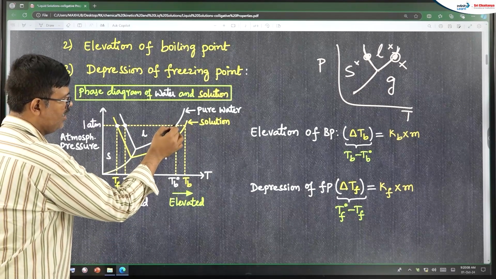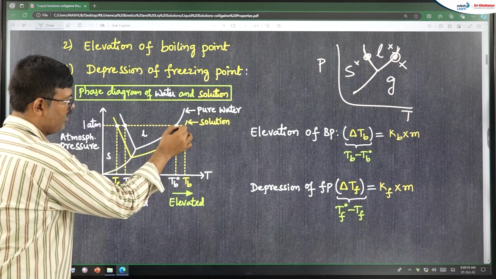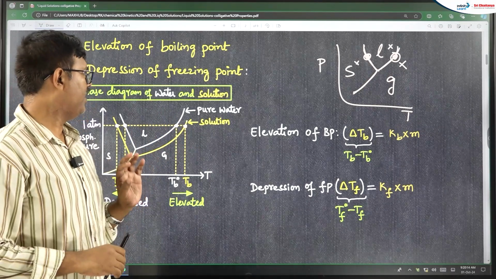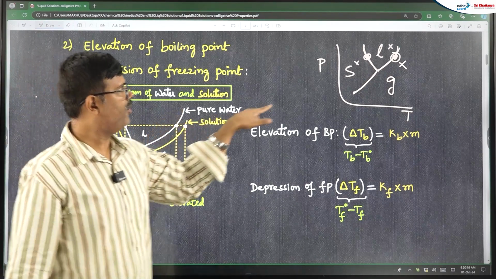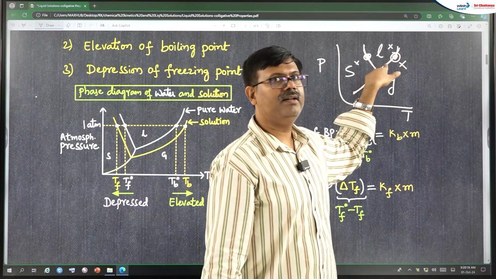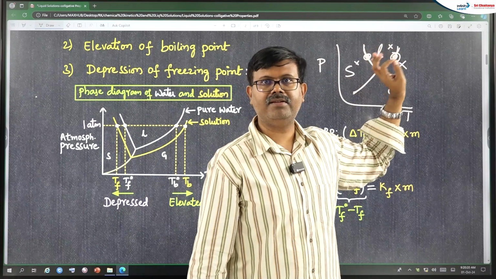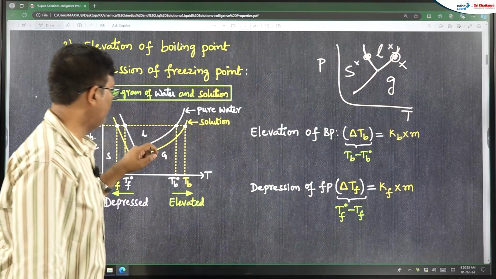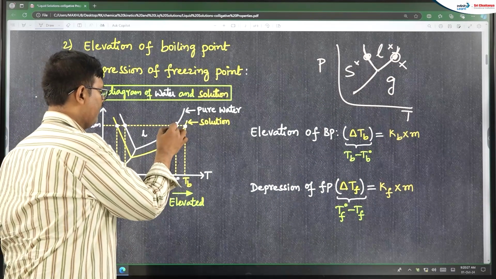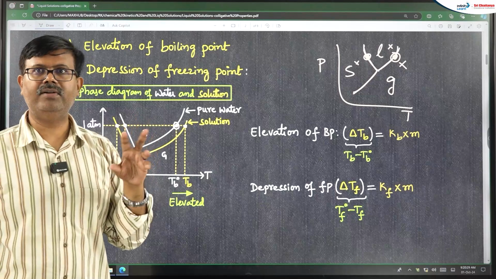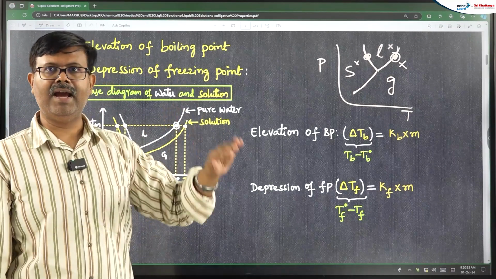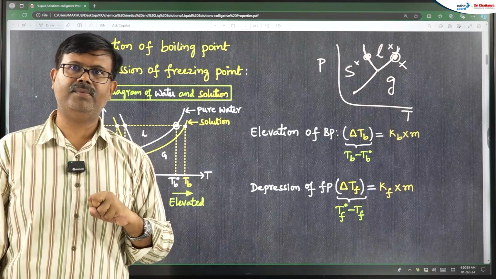Similarly here, the white curve at this point, the yellow curve at this point. I already mentioned, any point on this boundary denotes the vaporization point, the liquid-gas equilibrium point. So this point on the white curve denotes what? Since it is the boundary between liquid and gas, it is the vaporization.